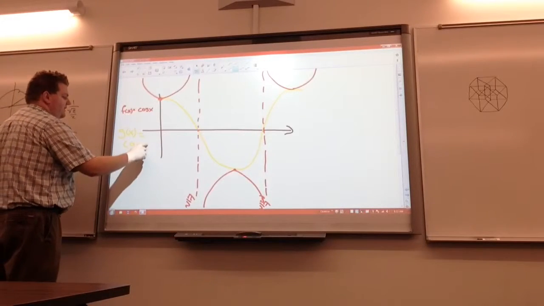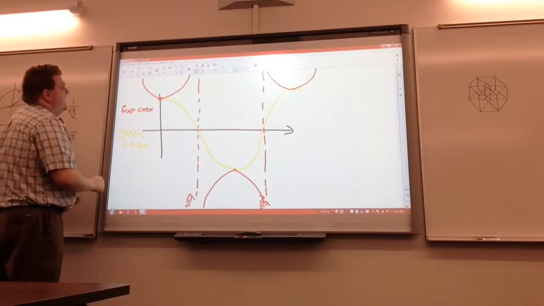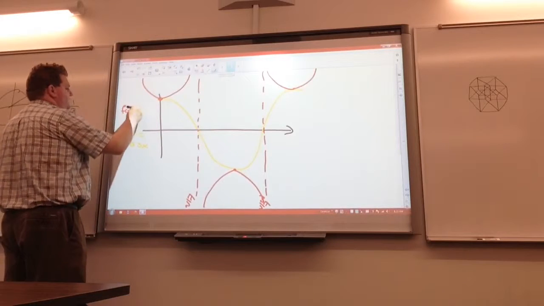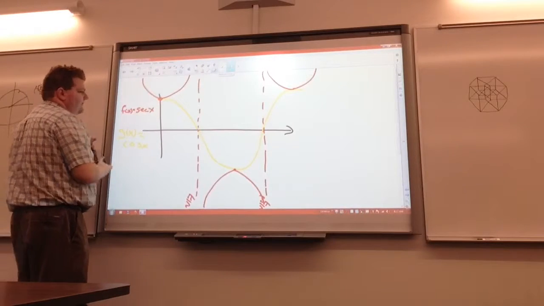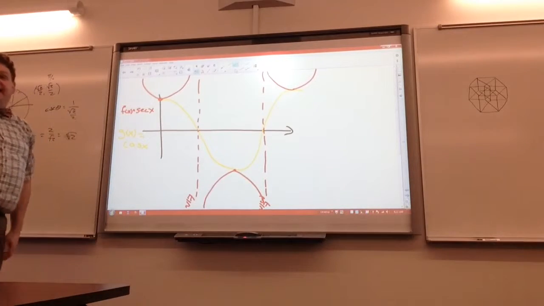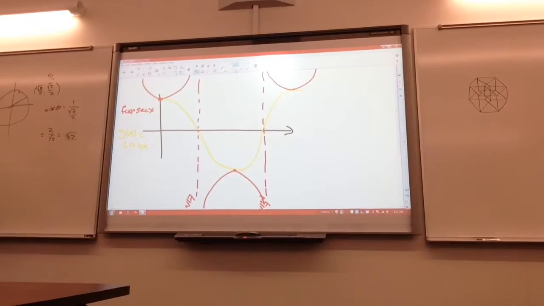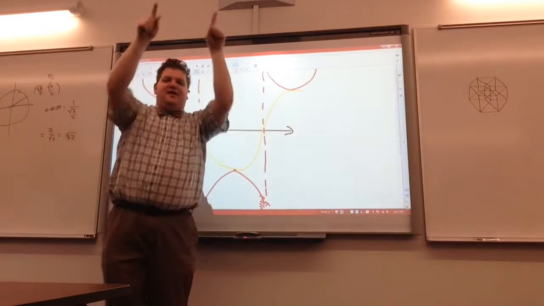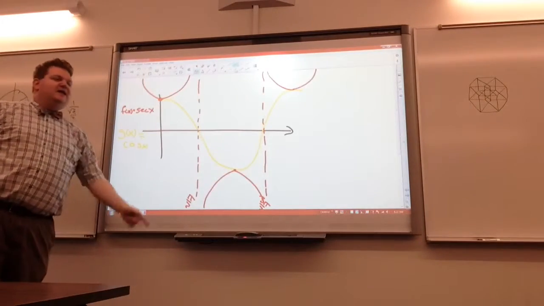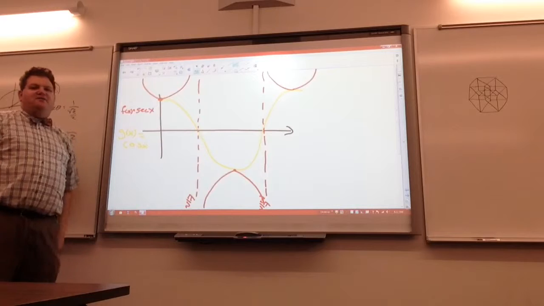The yellow is the cosine of x, and this one is the secant of x. But notice how the relationship is exactly the same. It's just shifted over from what the sine was. So you get these parabola things wherever the cosine has a maximum or a minimum.